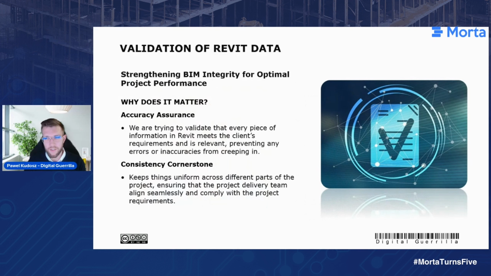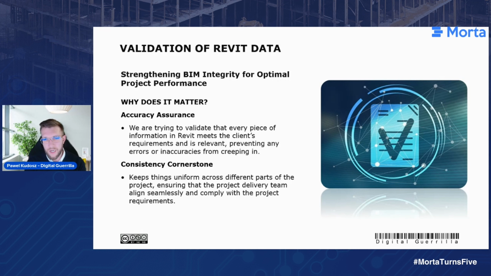And the main question is, why does it matter? So we're focusing on validating the Revit data to just ensure accuracy assurance. And we basically validate the Revit models to ensure that models are fully compliant with the project requirements. And we also do this to keep the consistency cornerstone. So we basically make sure that all disciplines provide only what's required and they deliver it in the desired format.